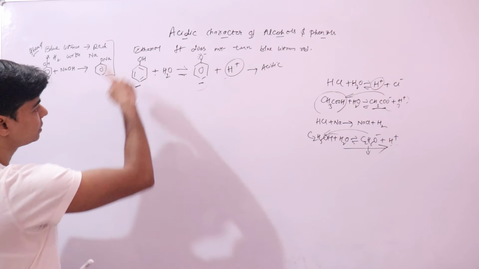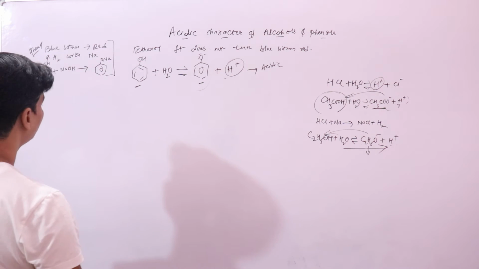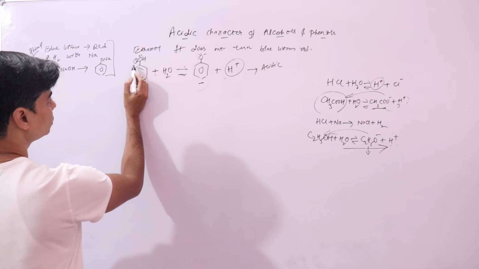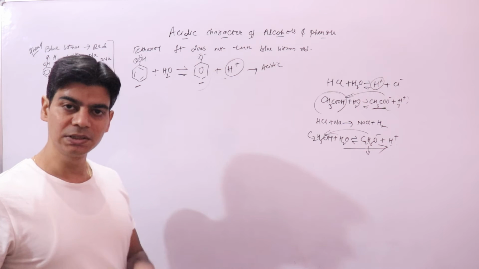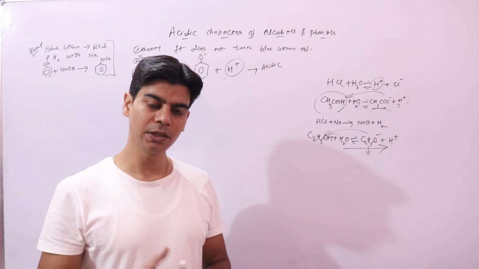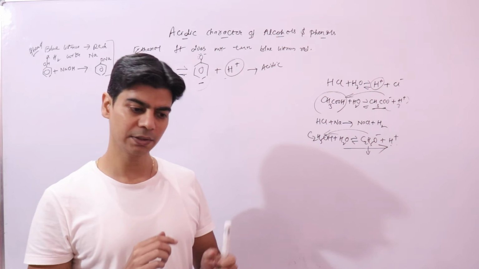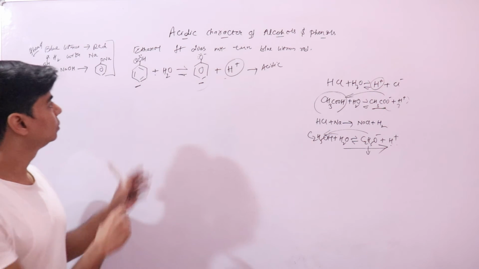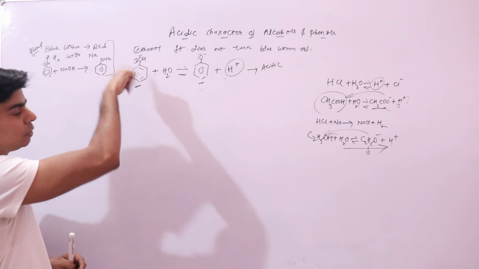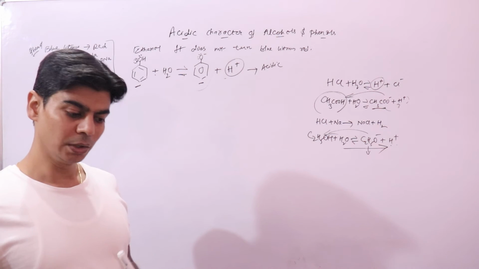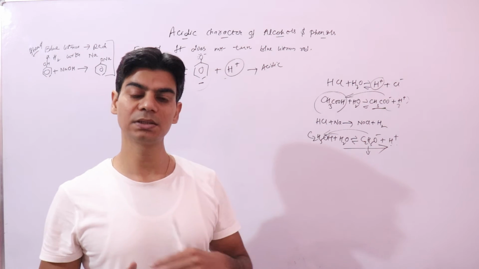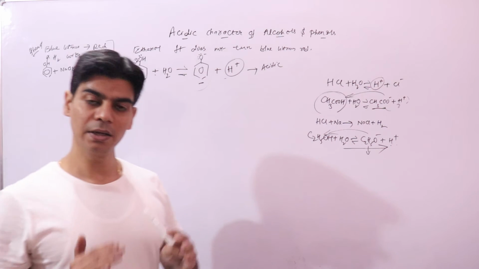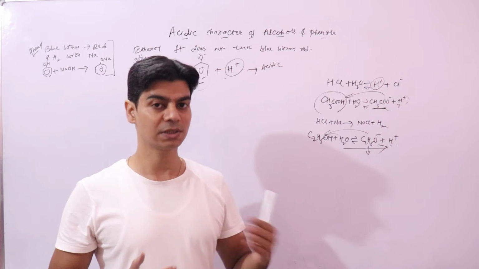Since we know about the chemistry of phenol, this phenol has two lone pairs of electrons. Now this lone pair of electrons can enter into conjugation with the benzene ring. Since it can enter into conjugation with the benzene ring, it adds to the stability, due to which it is resonance stabilized.